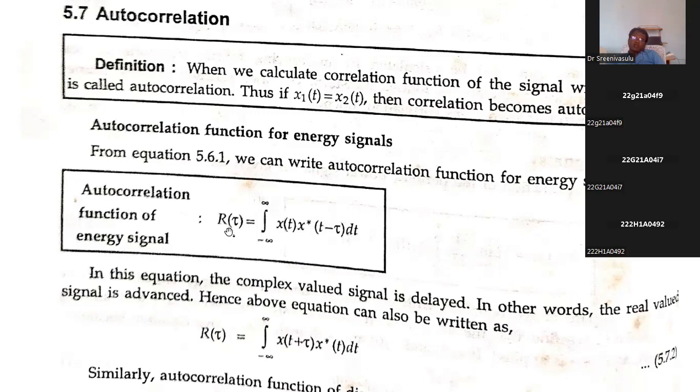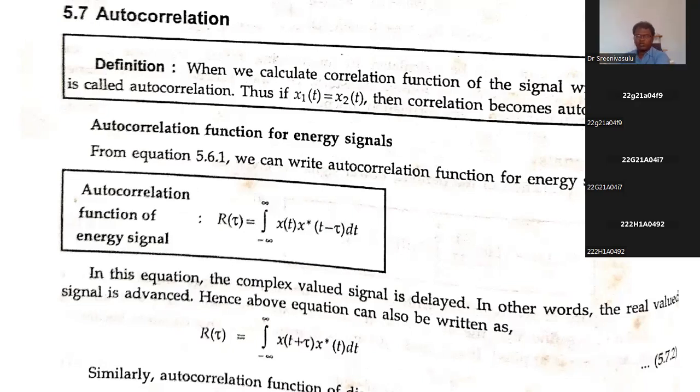That's why, whenever there is autocorrelation, no need to write 1, 2, simply R. What is R? Correlation. Autocorrelation means R of tau, integral minus infinity to infinity, x of t, again x complex conjugate. Previously it is x1 of t, x2 of t. Here no need to write x1 of t, x2 of t. You can simply write x of t.